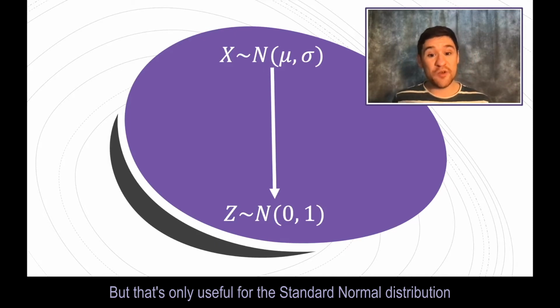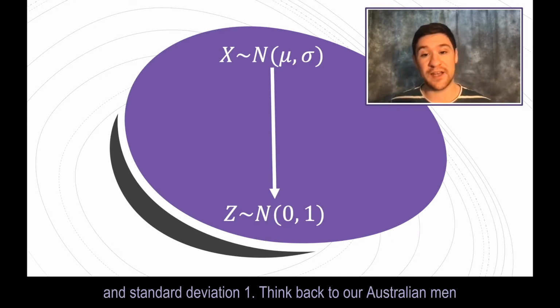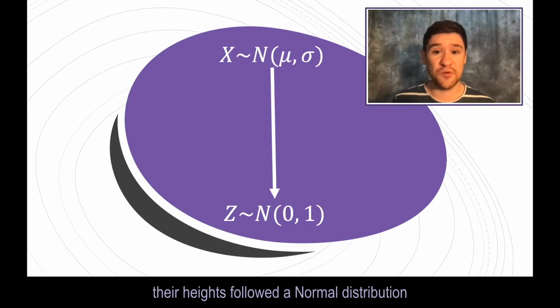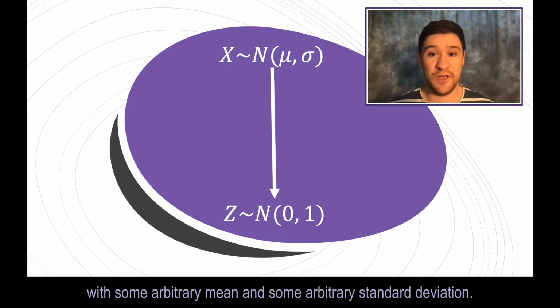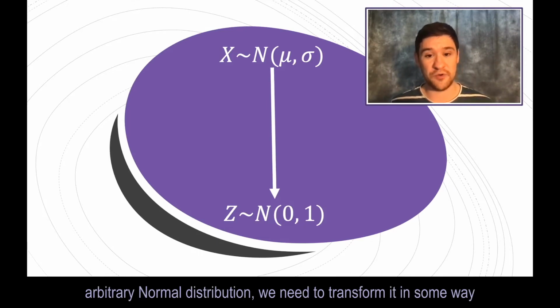But that's only useful for the standard normal distribution, when z has a normal distribution with mean 0 and standard deviation 1. Think back to our Australian men. Their heights followed a normal distribution with some arbitrary mean and some arbitrary standard deviation. So in order to make use of the standard normal for an arbitrary normal distribution, we need to transform it in some way.